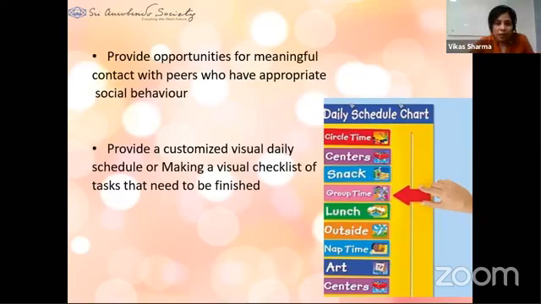Why? Because if you suddenly make any change without preparation, then I am very sure the child may have a lot of sensory issues and temper tantrums. So we all have to be very careful about this.